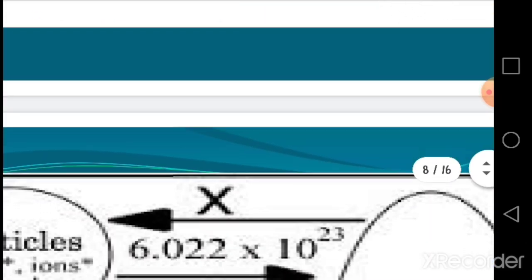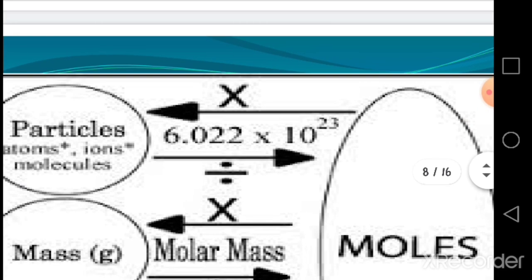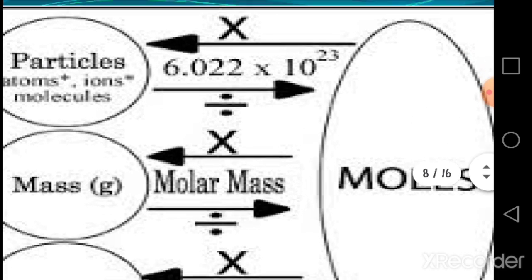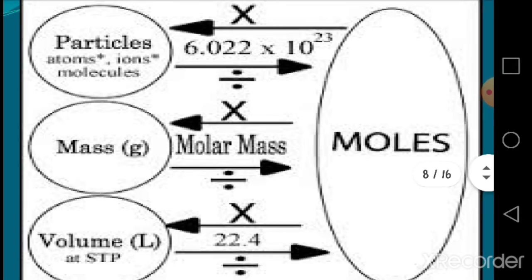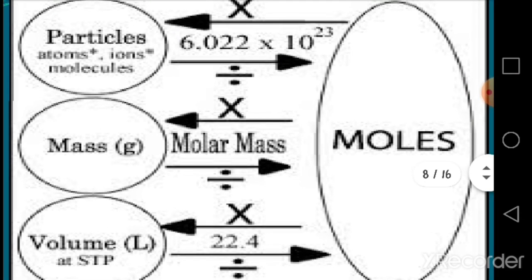Now we are moving towards 3 different ways to get the moles. These are very important regarding the stoichiometry of different chemical reactions. Sometimes you are given the mass, sometimes the particles, sometimes the volume. If you are given the particles, divide these particles by 6.022 into 10 raised to power 23.